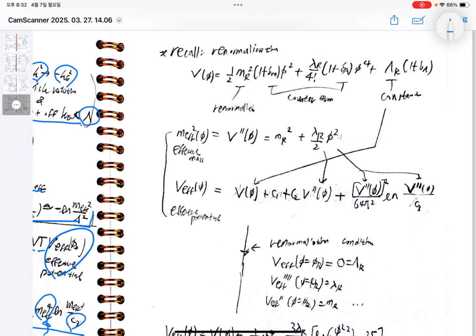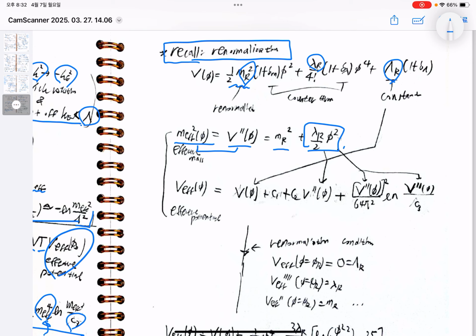Remember that for renormalization, we assume there are renormalized quantities of mass, coupling, and cosmological constant for the scalar potential. We can define the effective mass as the second derivative of the potential, and this includes interactions like the electroweak sector.